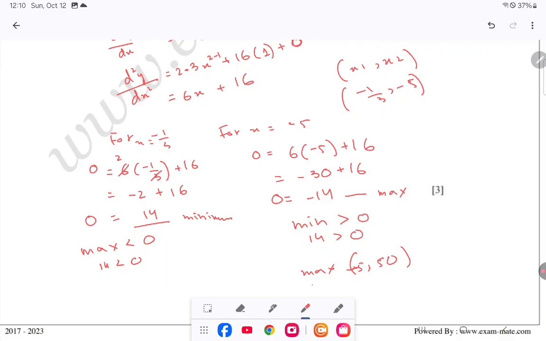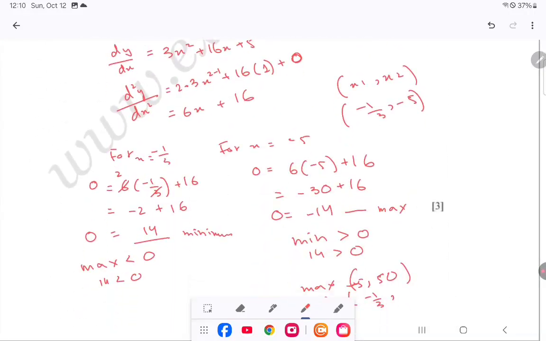And for the minimum it is negative of 1 over 3 comma negative of 22 over 27. So these are the values of maxima and minima. That's how we find it.